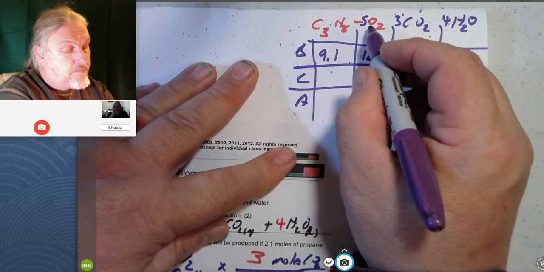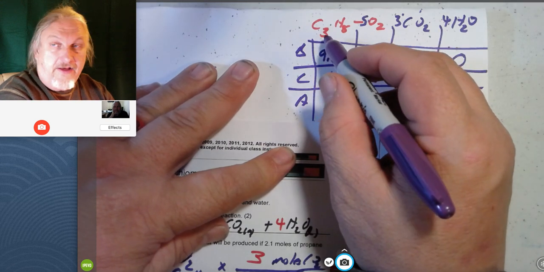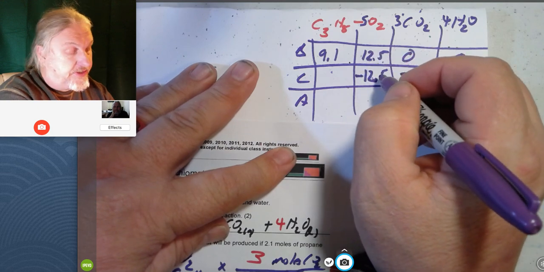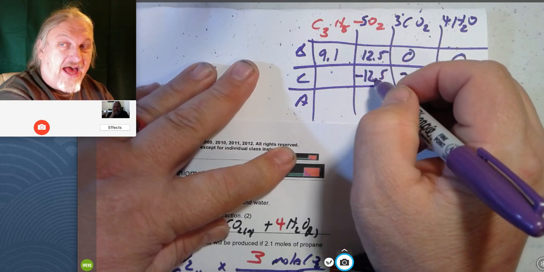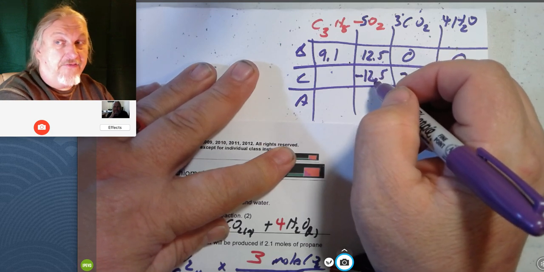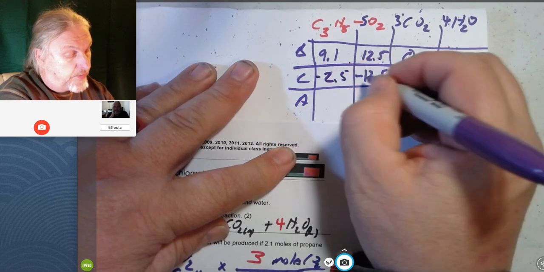For every mole of oxygen, I'm going to use 1/5 mole of propane. I don't have 1 mole of oxygen, I have 12.5 moles of oxygen. So I'm going to take 1/5 of 12.5, and that's going to give me 2.5. So I'm going to use that up.